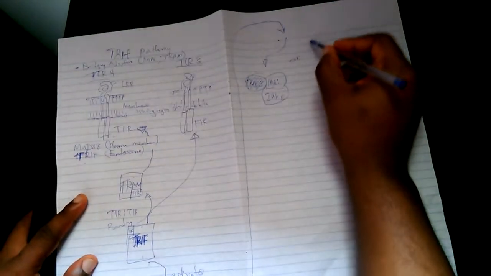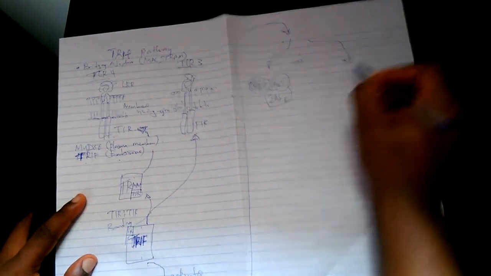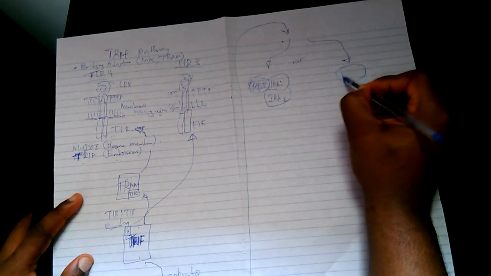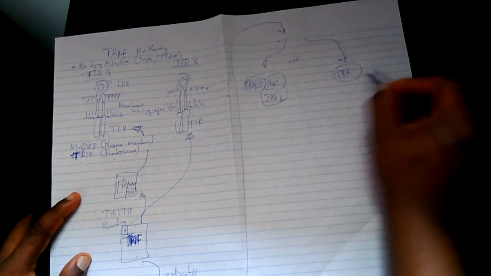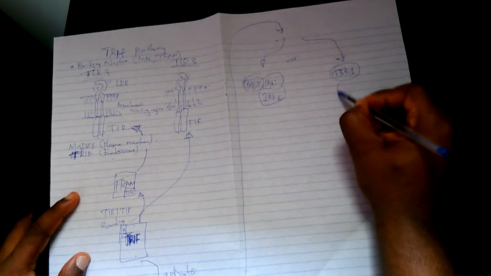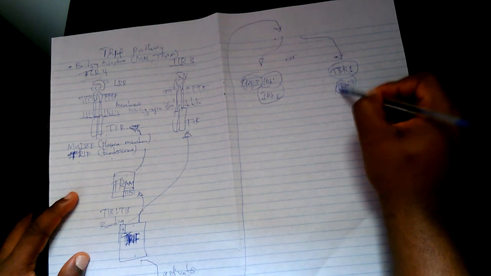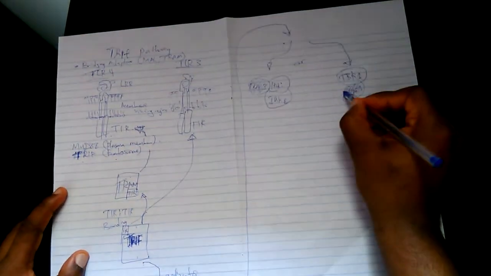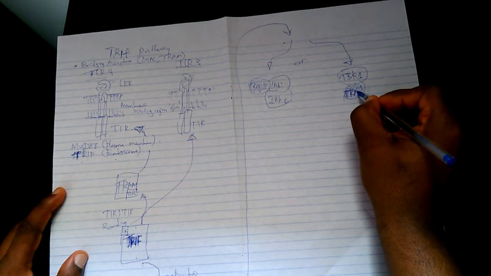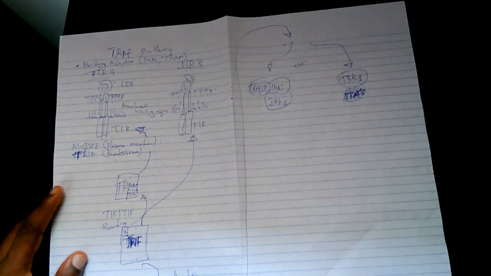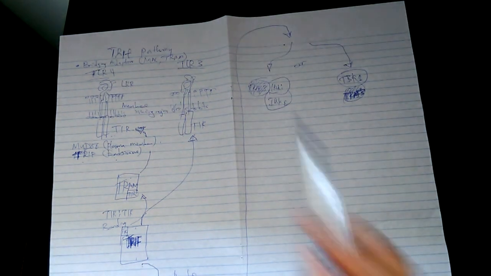Or it goes ahead to bind to another protein called, we're going to look at these in detail, TBK1. And so this is the TRAF3. So either it binds here or it binds here.